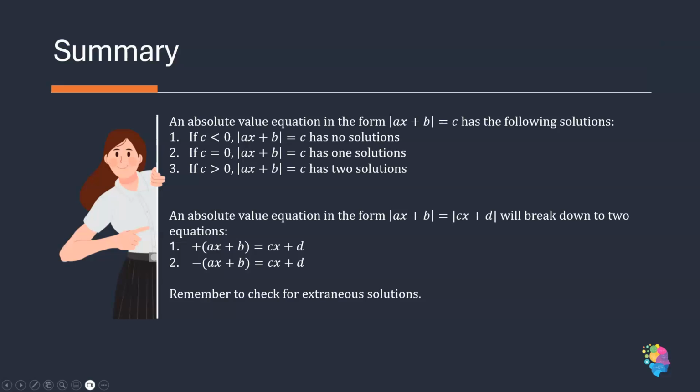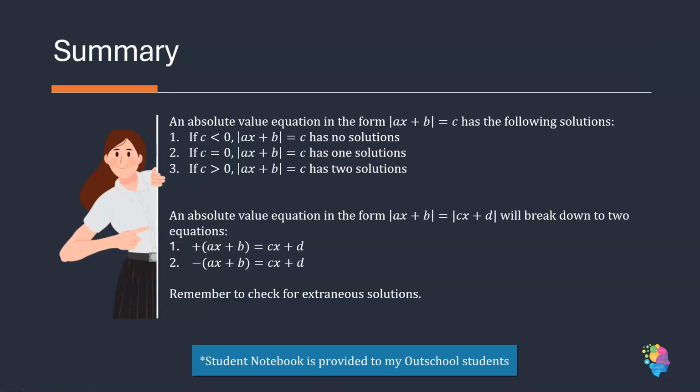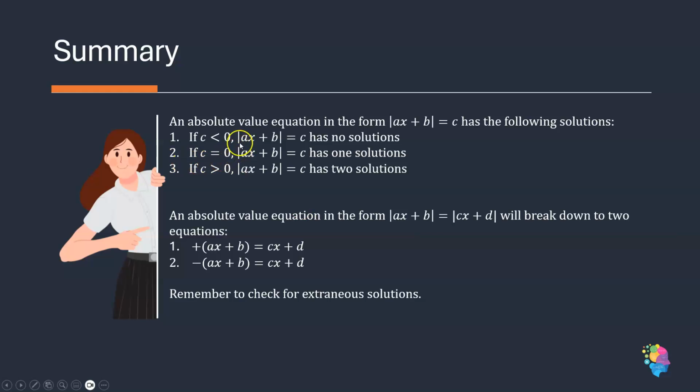Before we end this video, there is a slide in your student notebook and it has a summary and it says the following. Remember, if the absolute value equals a number less than 0, that's a negative, you're going to have no solutions. If your number is greater than 0, you're going to have 2 solutions. But if you have a 0, it's going to have 1 solution.